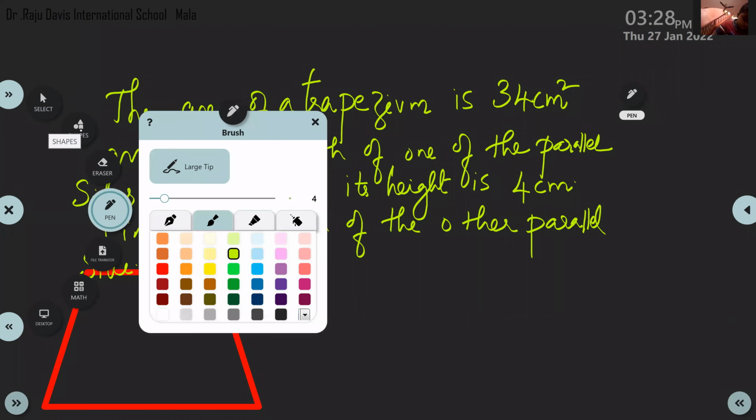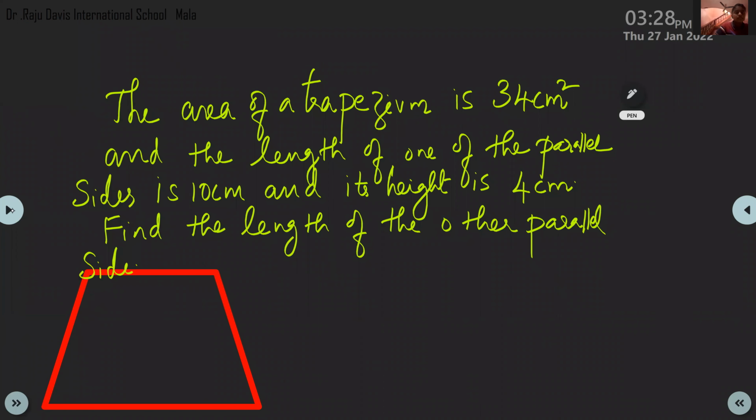Now, what is given? Area is given, no? 34 centimeters square is the area of the trapezium. Length of one parallel side is 10 centimeter.